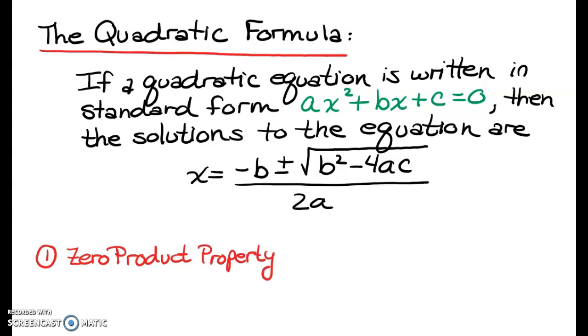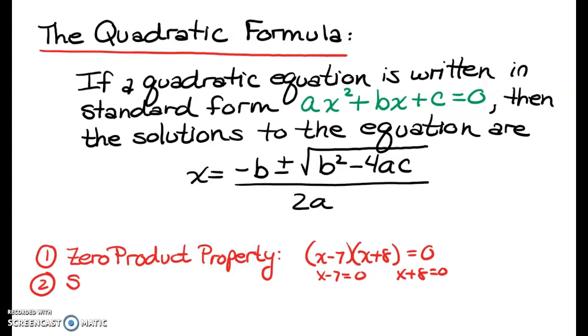You would remember that it looked like this, where we factored the equation, we set the equation equal to 0, we factored it, and then we set each of its factors equal to 0 and solved. And then more recently, just a couple days ago, we looked at solving a quadratic equation by using the square root property.